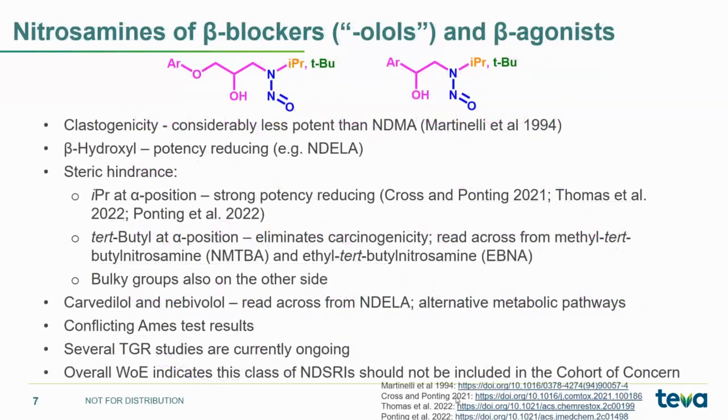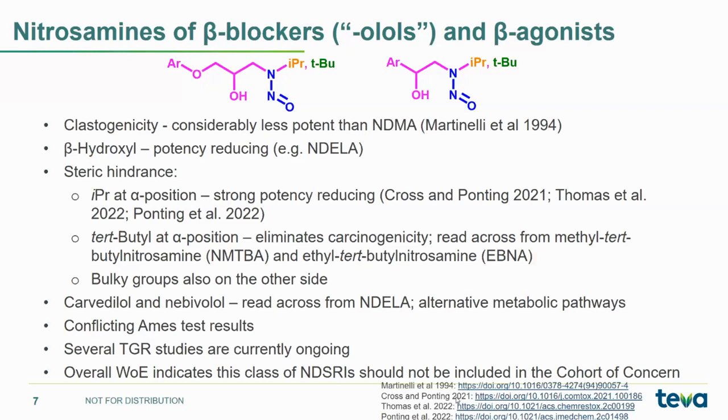And there are some other previous studies. For instance, there was a study from Martinelli in 1994 that showed that clastogenicity was considerably less potent in comparison to NDMA. We know that, as we said, the beta hydroxy is a potency reducing element. The isopropyl group and the tert-butyl group are very bulky, and they're going to considerably reduce the potency.